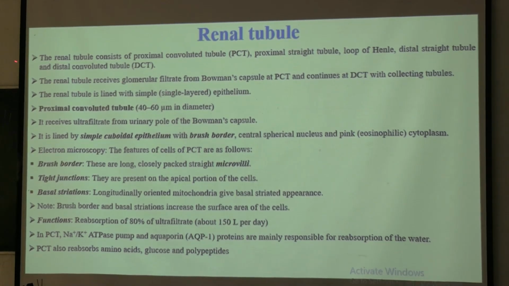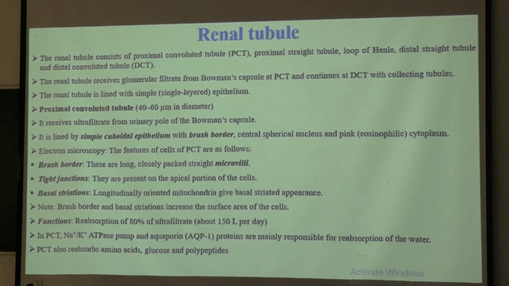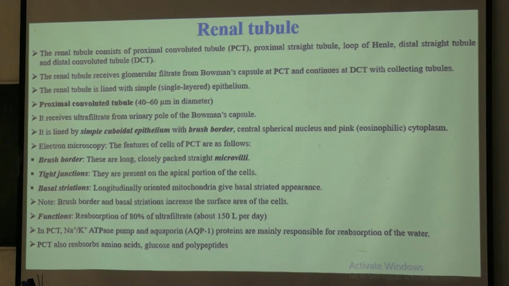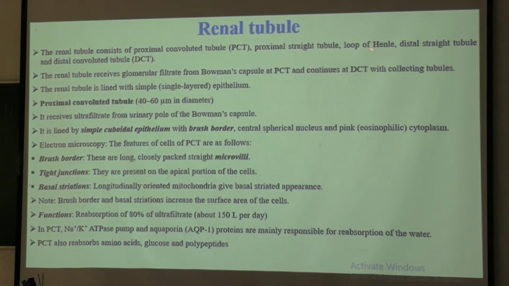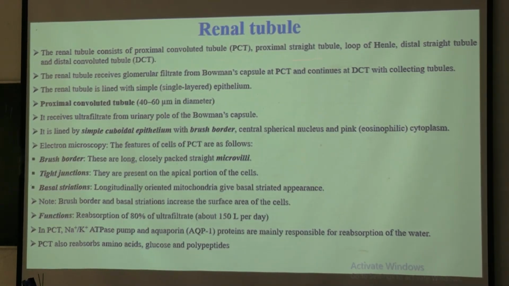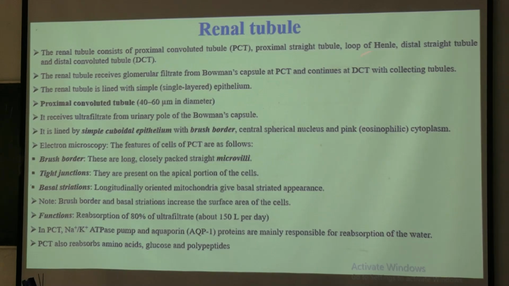So the renal tubule. The renal tubule consists of the proximal convoluted tubule, proximal straight tubule, loop of Henle, distal straight tubule. All three are part of the loop of Henle, and then the distal convoluted tubule. The renal tubule receives glomerular filtrate from Bowman's capsule at the proximal convoluted tubule and continues at the distal convoluted tubule with the collecting ducts.